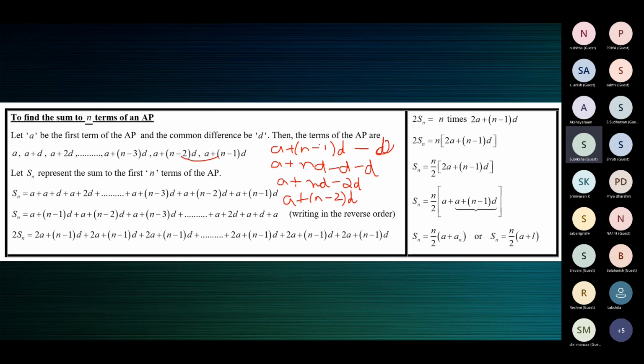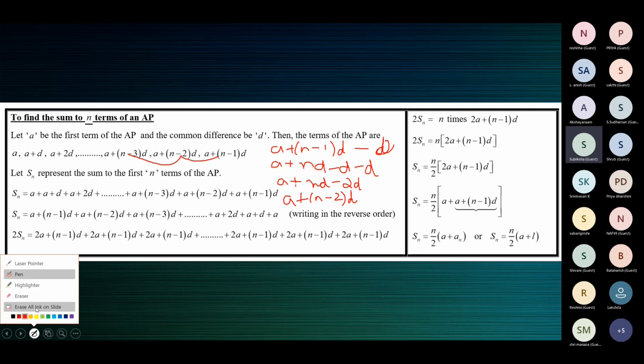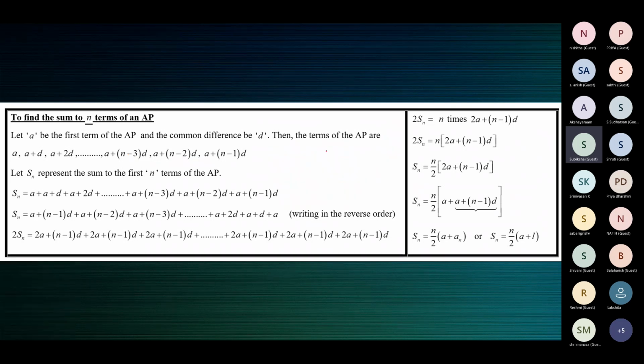Again, to get the preceding term from this term, now you have A plus (n minus 2) into D. You want to know what comes before that. If you're finding the preceding term, you'll have to subtract the common difference. So let's do that.